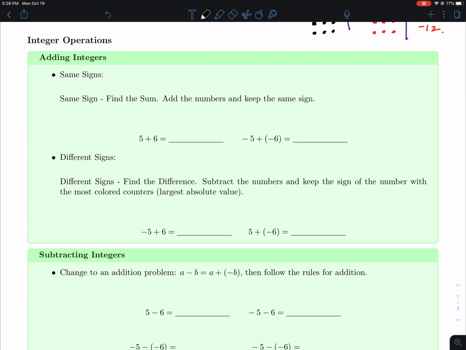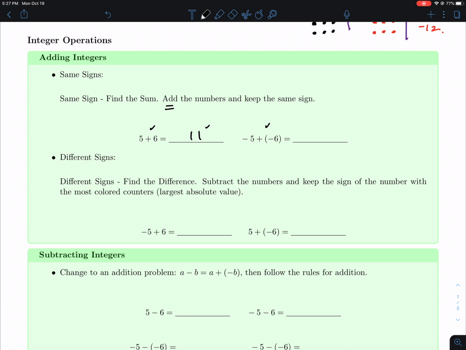So when we're adding two numbers that have the same sign, whether they're both positive or both negative, the cool thing is we always just add the numbers like normal, and then whatever our answer is, we attach the sign. Like in this case, 5 plus 6 is 11, and since both are positive, we leave our answer as positive 11, and we're done.